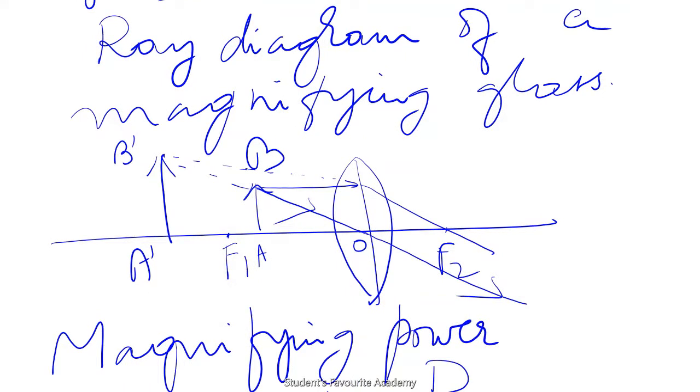Now, what does it do? A magnifying glass is nothing but a convex lens. When the object AB is placed between the focus and the lens, a magnified, erect, virtual image A dash B dash is formed by the lens, which forms an angle of more than 1 minute at the retina, and the object can be seen clearly by the naked eye when this image is at the least distance of distinct vision.